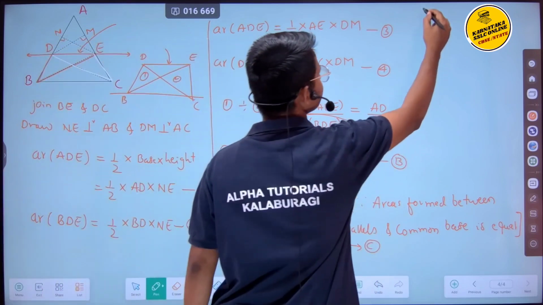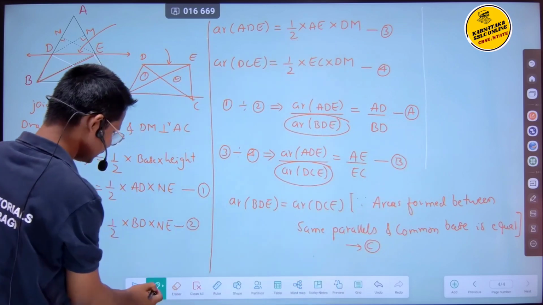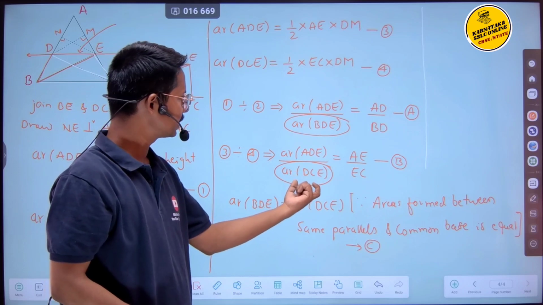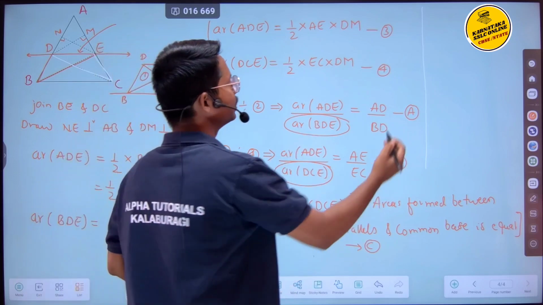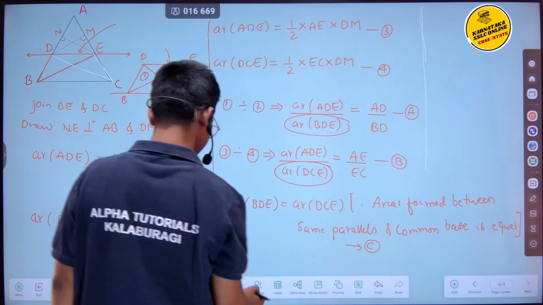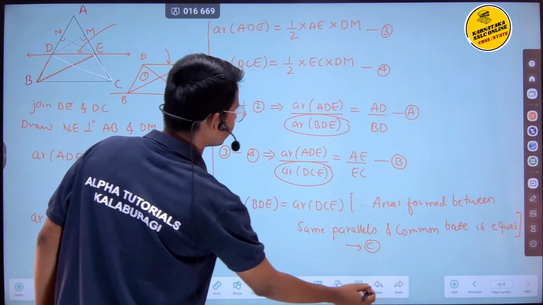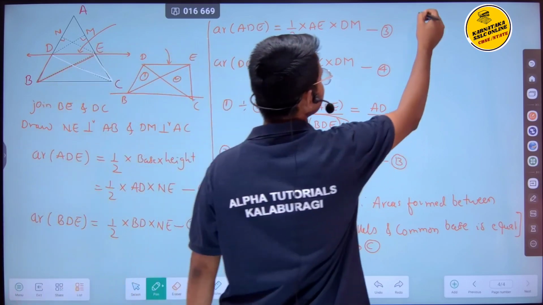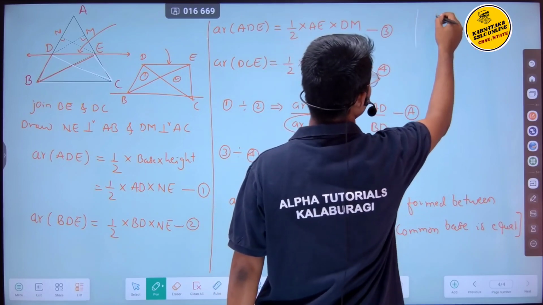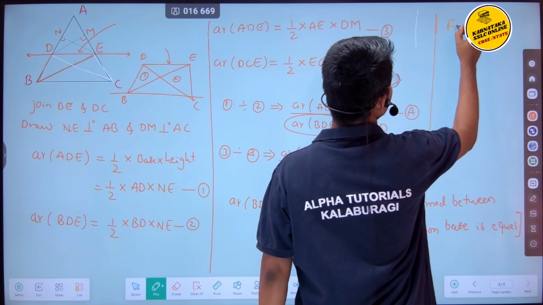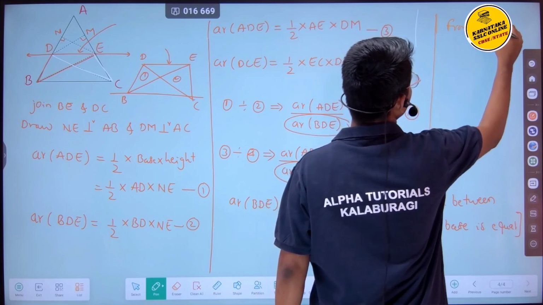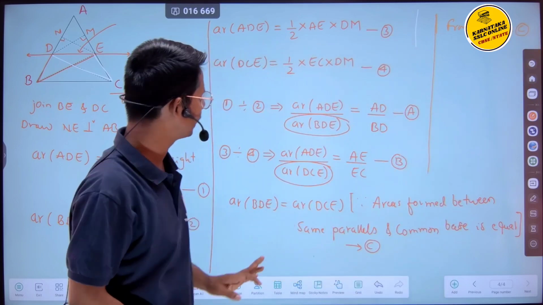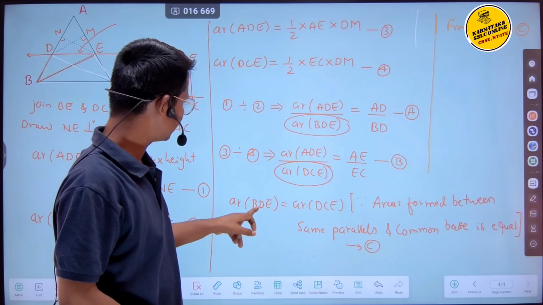Fine. So at last, using this result in A or B, or you can compare. I can write from equations A, B and C, if you compare, in the place of DCE, I can write BDE.